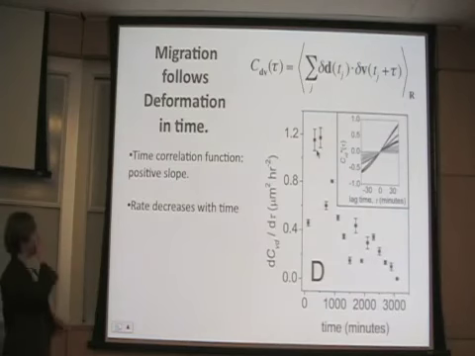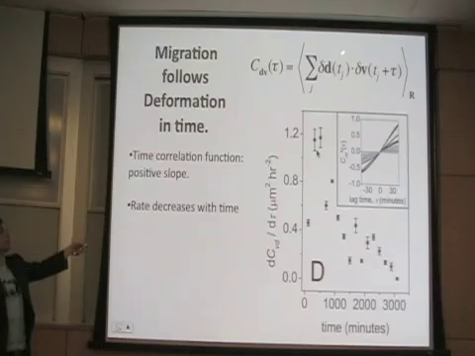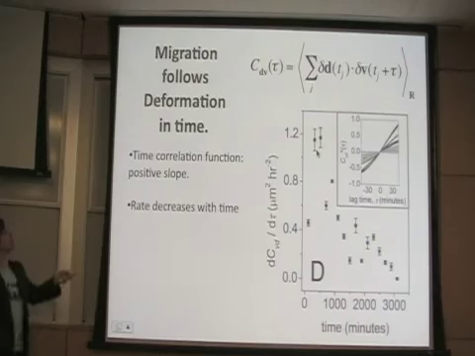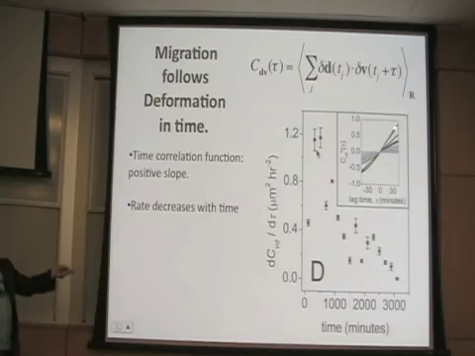And then finally, if you want to get a temporal relationship, we can just do a cross correlation in time and say, given a substrate displacement at time t, what are the odds of getting a big velocity fluctuation at time t plus tau? Then just average this over all positions. Basically the most important thing is that across the zero lag time point, the slope is positive, which means that velocity fluctuations are always lagging behind deformation fluctuations.